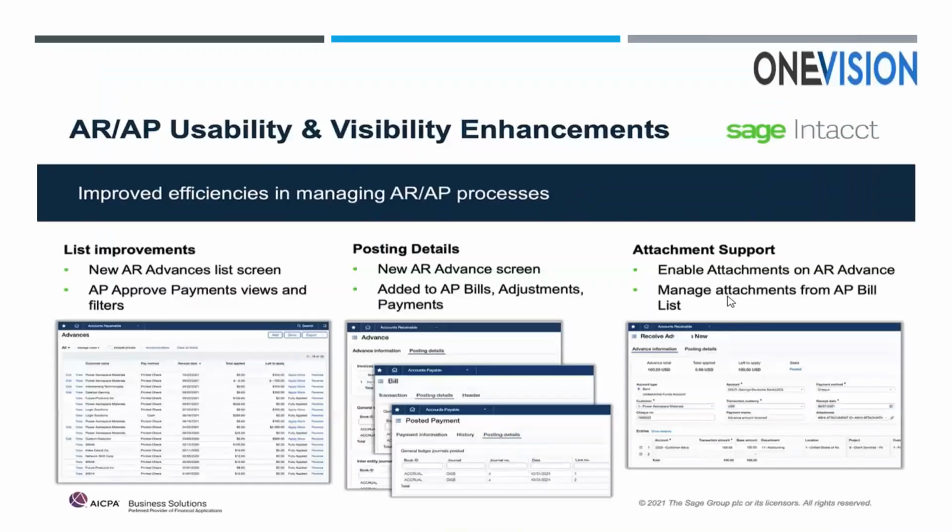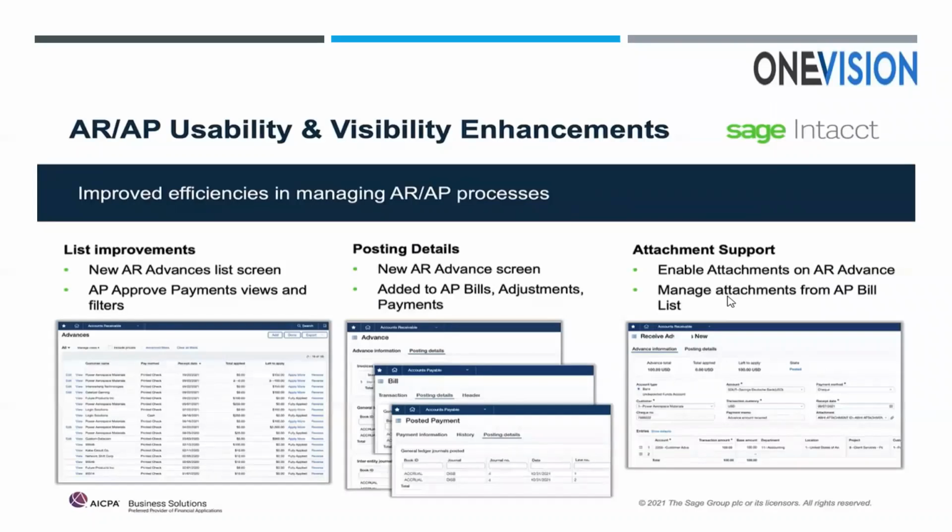There have been several enhancements made to accounts payable and accounts receivable with regard to usability and visibility in Release 4. List improvements have been made to the new AR Advances screen, as well as for the AP Approved Payment screen, making it easier to filter, view, and take action.